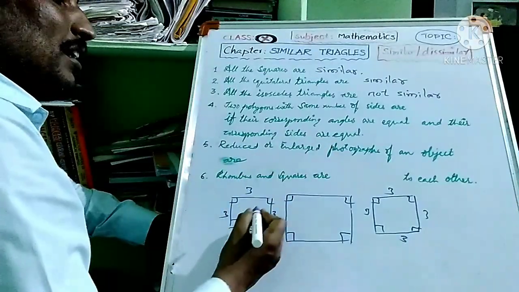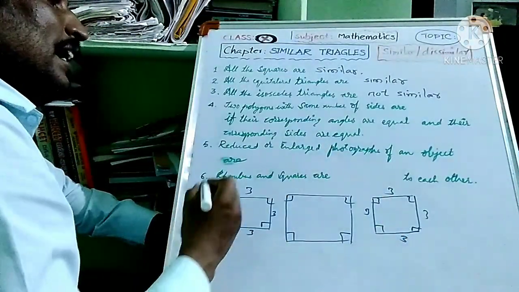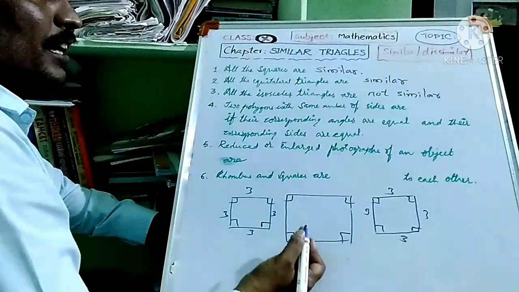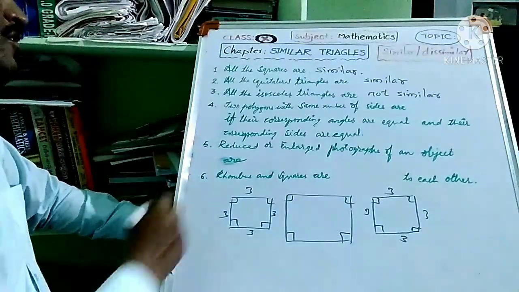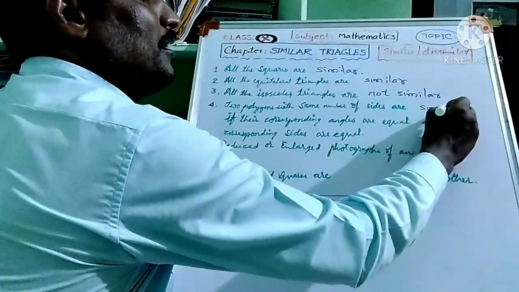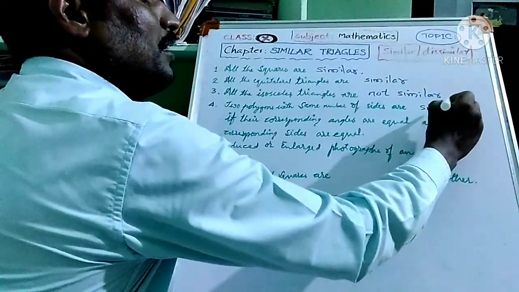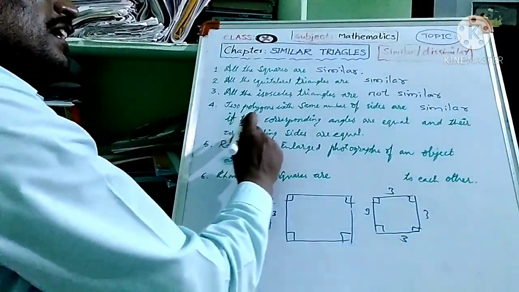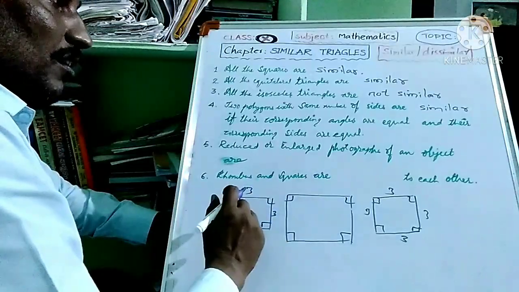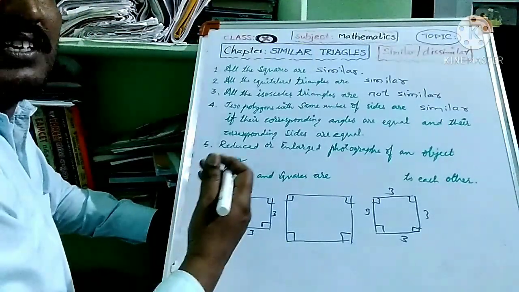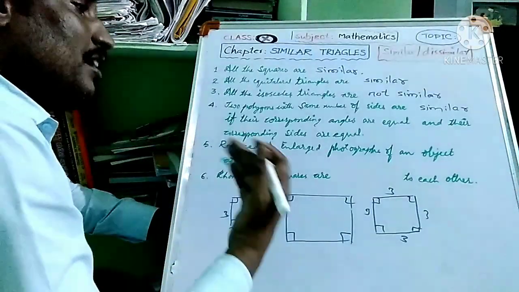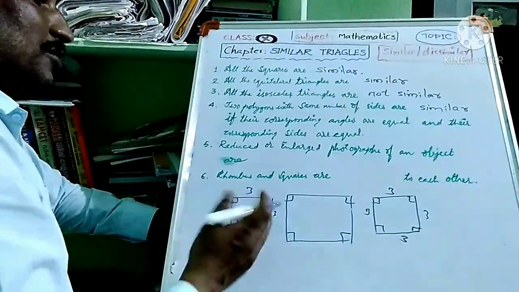Then two polygons with the same number of sides and their corresponding angles equal, you have to say they are similar. Not only squares, we may take hexagons or pentagons, any other polygon, like that only.